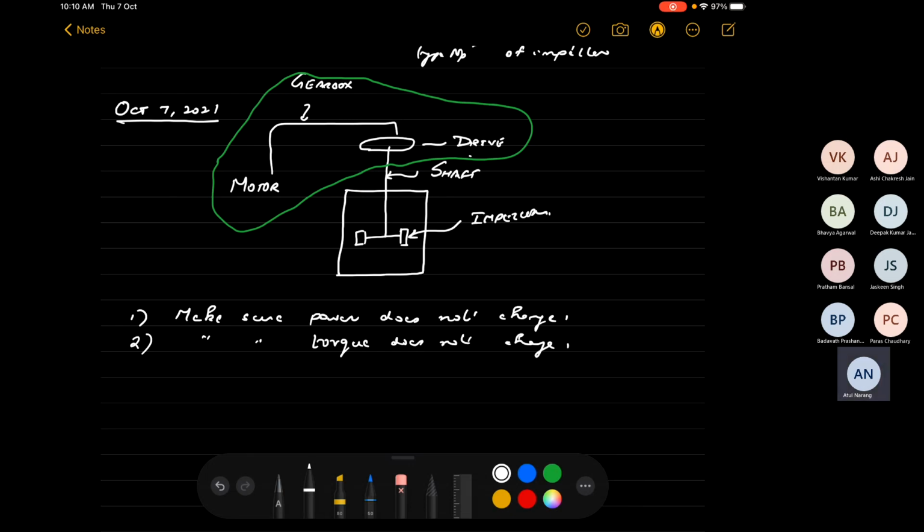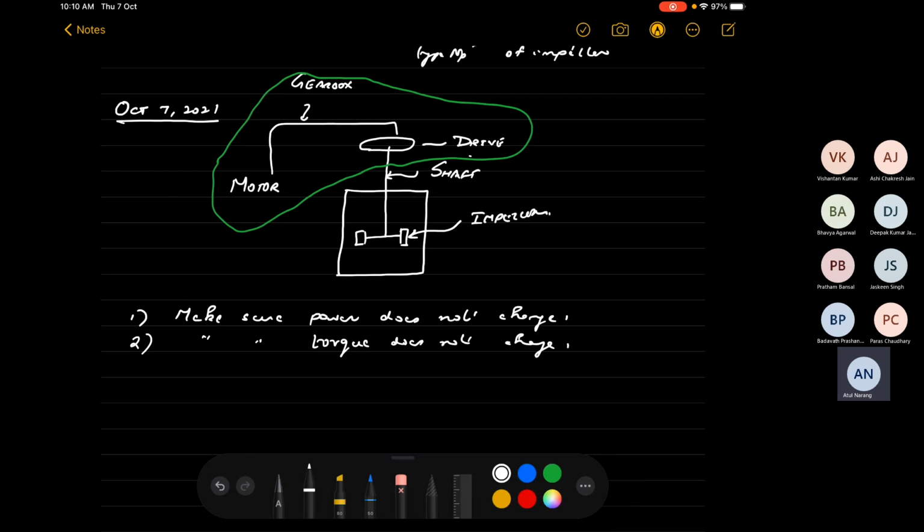So the torque that the impeller is suffering while it is trying to turn the liquid also must not change, because if the torque increases drastically, for example, it might just break. You want the torque and the power to remain unchanged during your retrofitting.